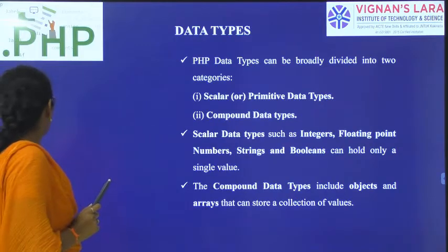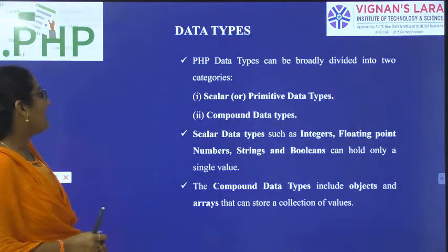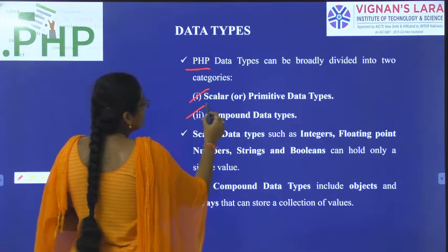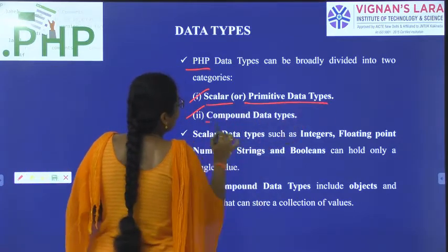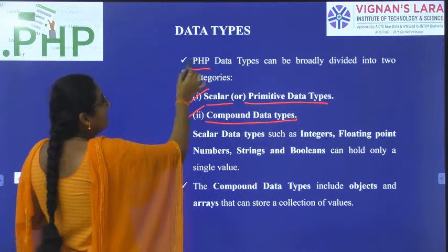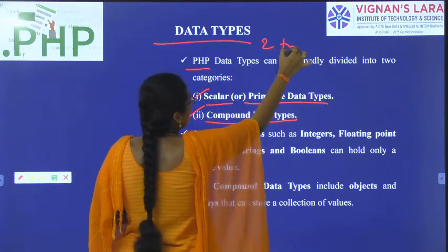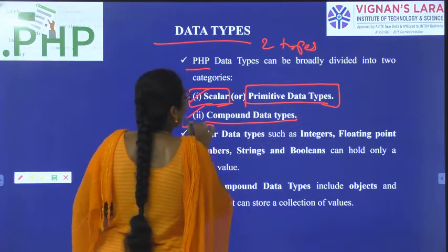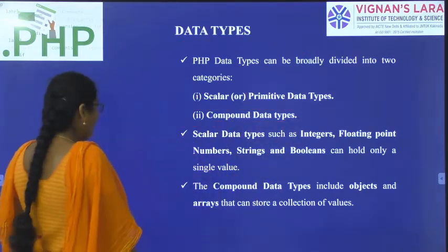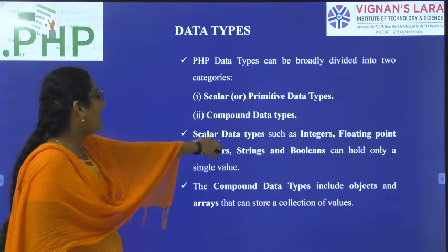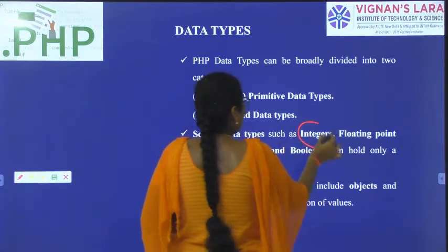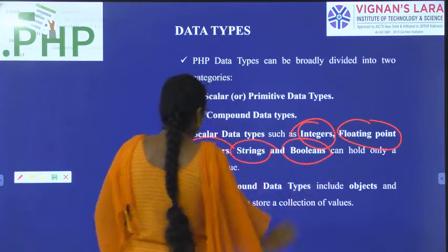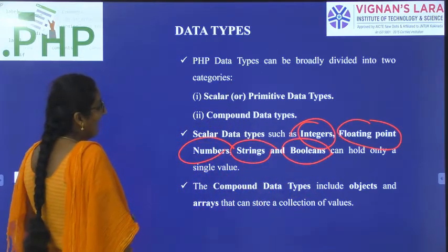So next, how many types of data types do we have? We have 2 types of data types in PHP: scalar or primitive data types, and compound data types. First, scalar data types such as integers, floating point numbers, strings, booleans can hold a single value.